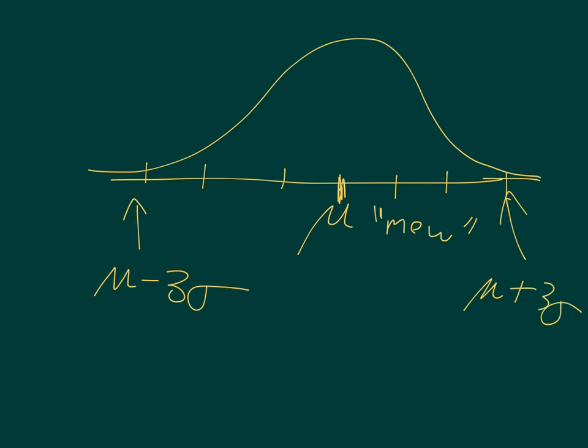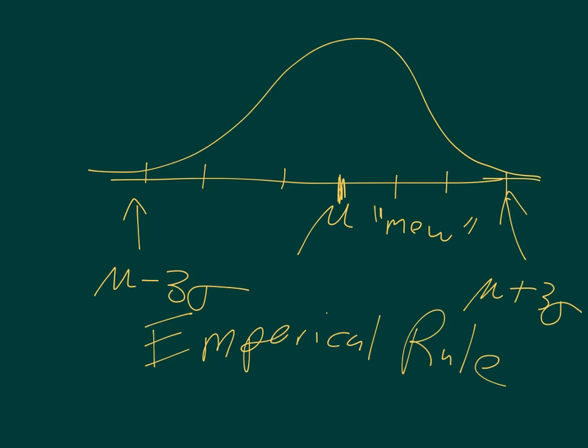Pretty soon we're going to be talking about what's known as the empirical rule. It's less of a rule, more of a guideline, that tells us, starting with the big if, if the distribution is normally distributed, then there are certain characteristics that are true of normal curves.